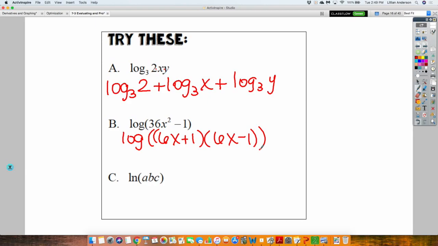So that can be factored. You could add in the 10. You don't have to. But a good way to recognize it. There's no base here. So it's assumed to be 10. Now, you do not have to write the 10 for common logs, but you do need to be able to recognize that it is a 10, okay? So we can expand this by saying log of 6x plus 1.